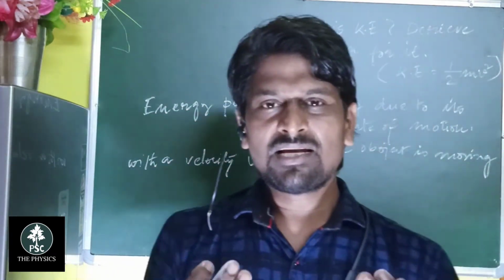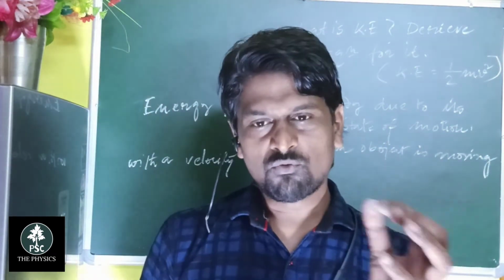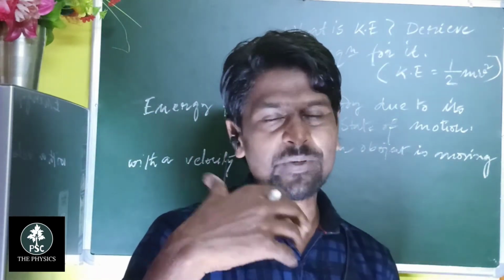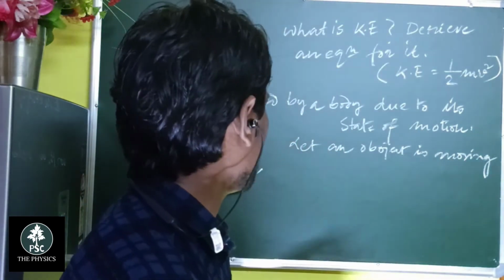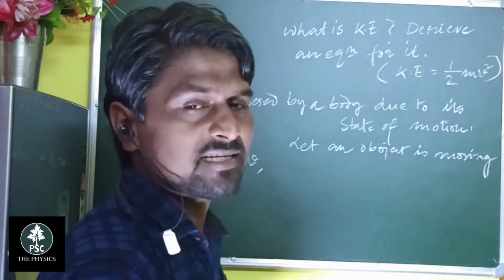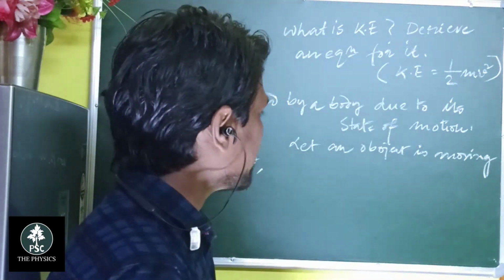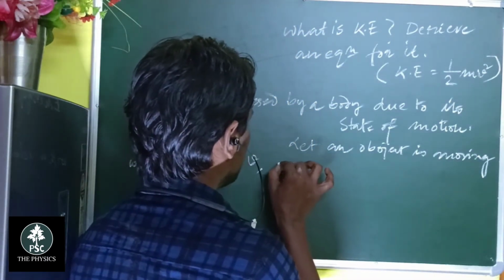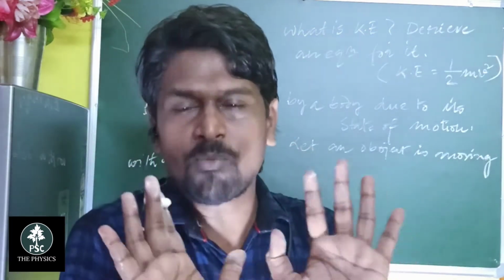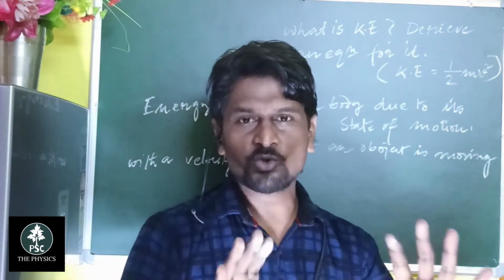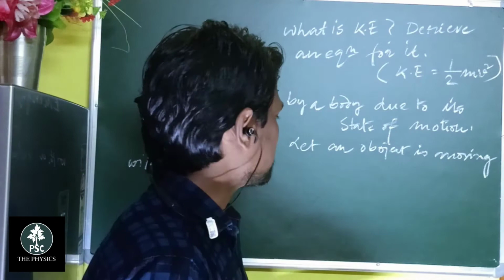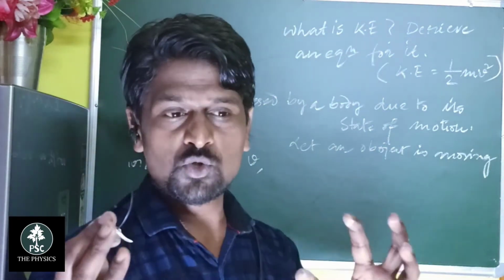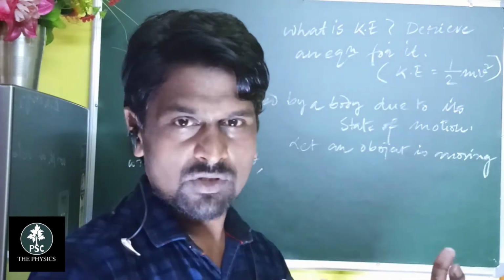Usually students take initial velocity as u and final velocity as v, but here the object is already moving at some speed, so you can take it as v. If you want to stop that particular body, the final velocity will be 0. So you have to do some work on that body.